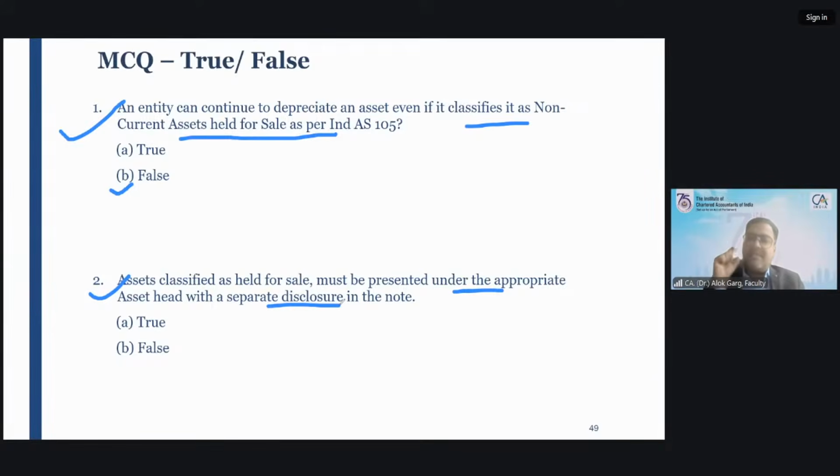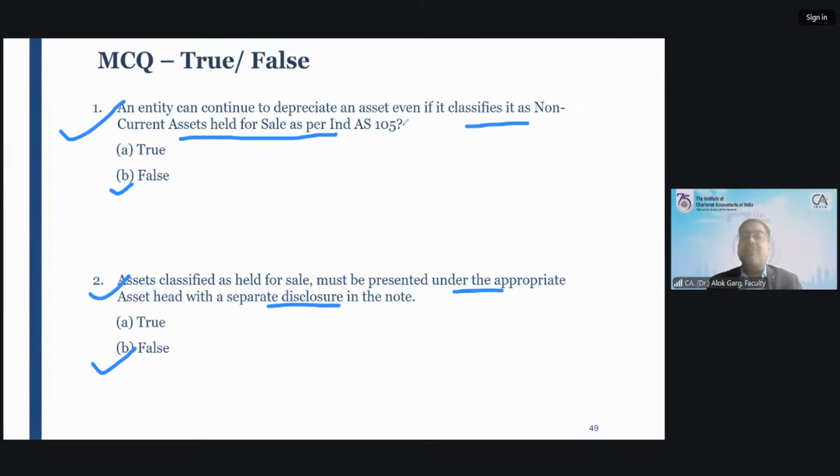In intangible asset, one of the software is held for sale. So it will not show in PPE and intangible asset. All the non-current assets held for sale or the disposal group held for sale have to be moved from non-current to current first. And under the current asset category, it has to be shown as a separate line item, non-current asset held for sale or disposal group held for sale, right? It has to be shown as a separate line. Okay. So the answer is false.